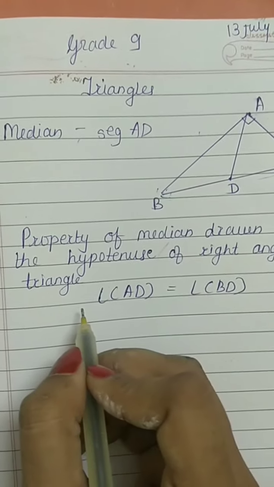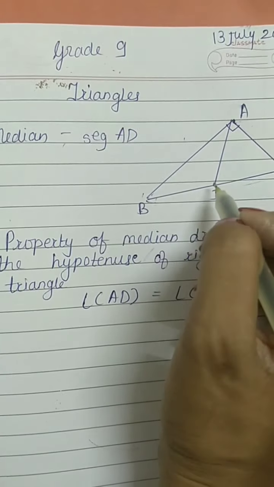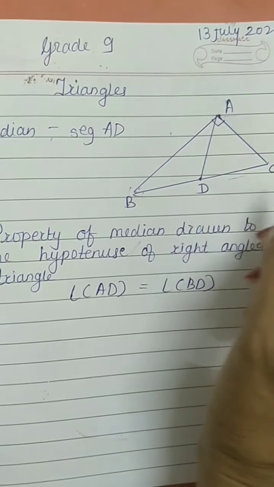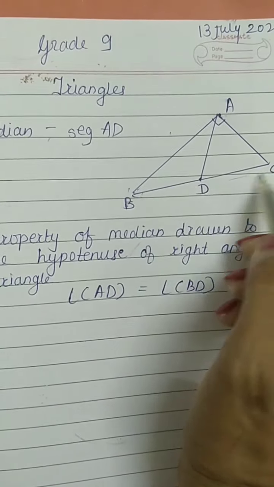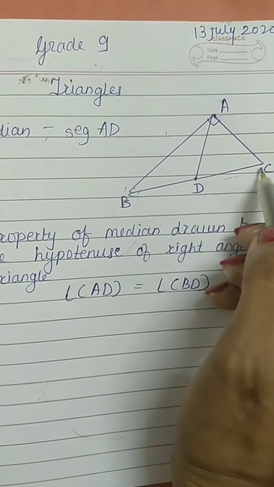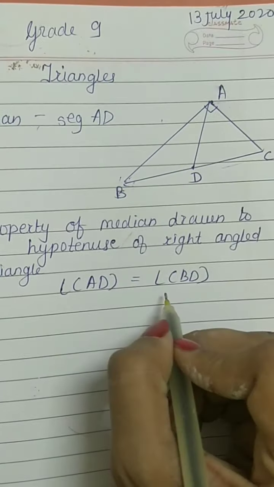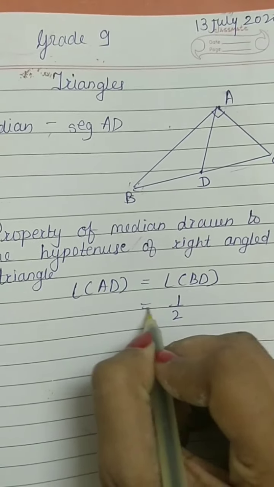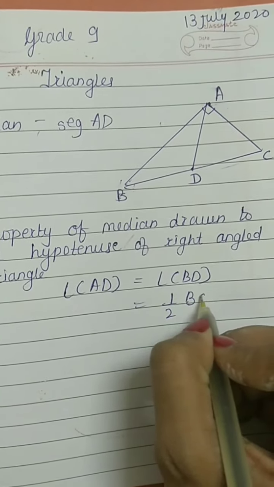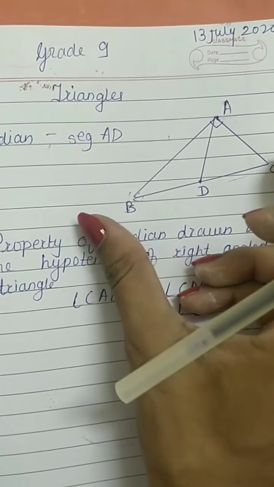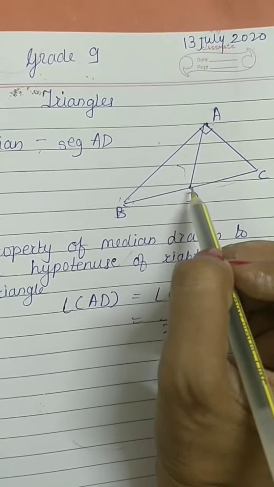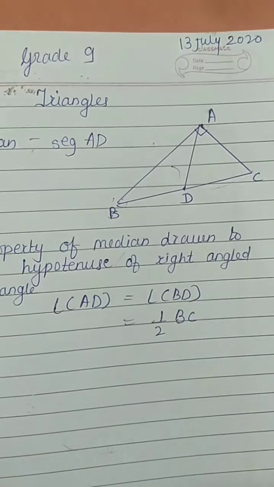So that means the length of the median, this AD is a median, is equal to half of the length of the hypotenuse. Why am I saying half? This will be half of BC, because this point D is the midpoint of this segment BC.